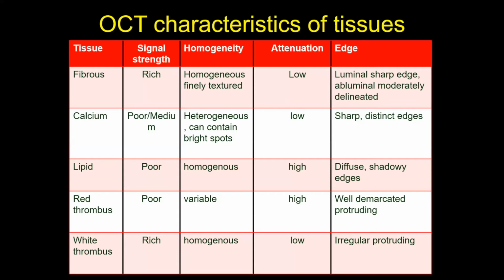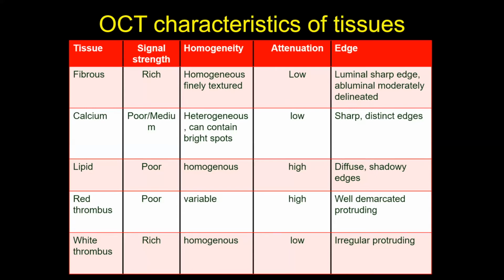You will not be able to see beyond it. So the vessel outside, you will lose that if the plaque is lipid rich. Okay, so these are the two main differentiating points between the fibrous plaque and the lipid plaque. Fibrous plaque: homogeneous, bright, and you can see beyond it. Lipid rich plaque is dark, it's still homogeneous, but you can't see beyond it.